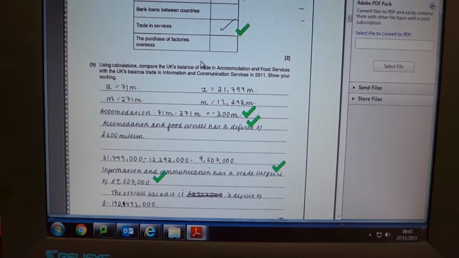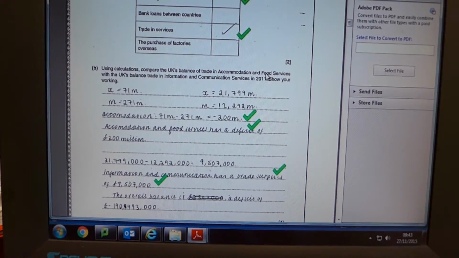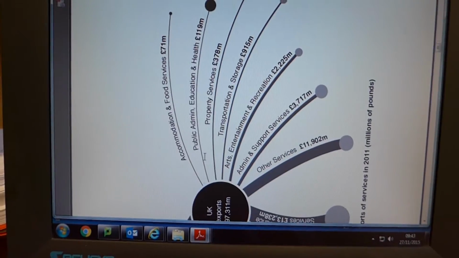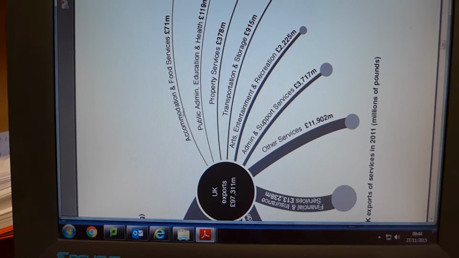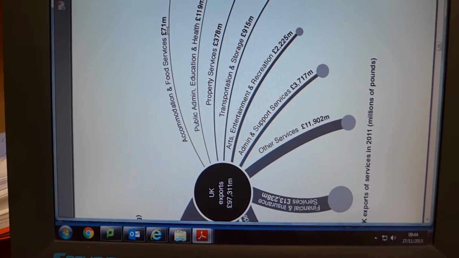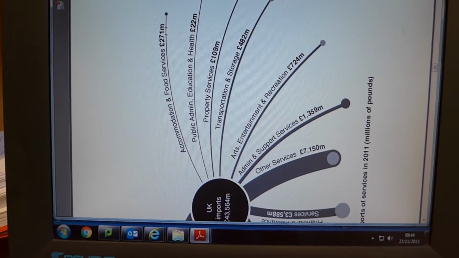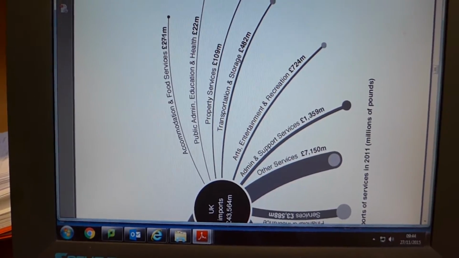So in this one you're asked to compare the UK's balance of trade in accommodation and food services. So all you've got to do is go to the stimulus material. This is the exports. So how much does the UK export? 71 million. Find out how much they import. Go to the next page. They import 271 million.